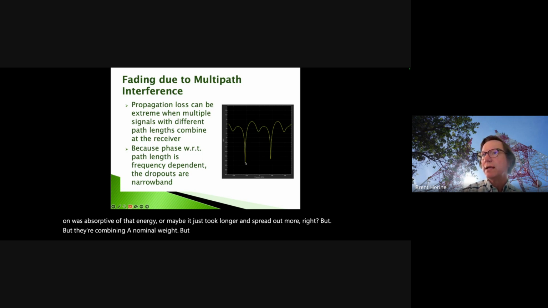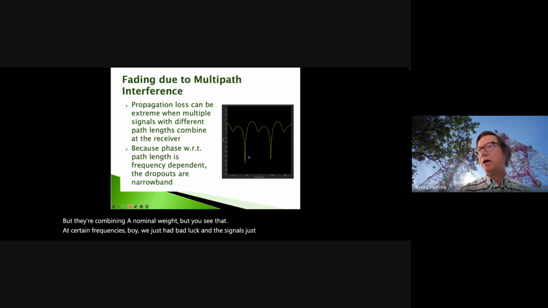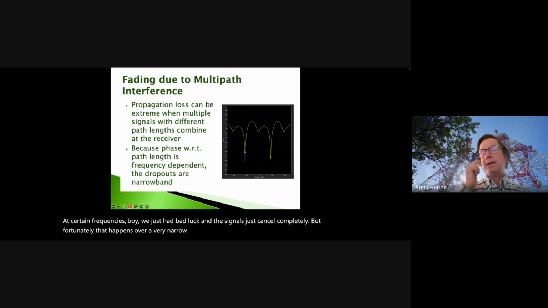But you see that at certain frequencies, boy, we just had bad luck, and the signals just cancel completely. But fortunately, that happens over a very narrow bandwidth, right? Again, this is because phase with respect to path length is frequency dependent, and the dropouts are very narrow band. So if we're trying to communicate right here, oh my gosh, right?